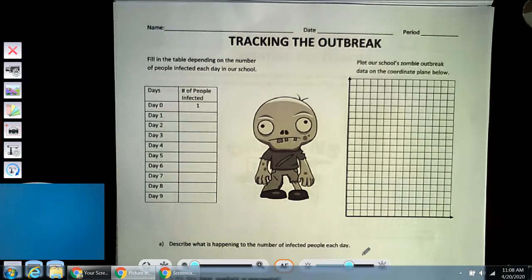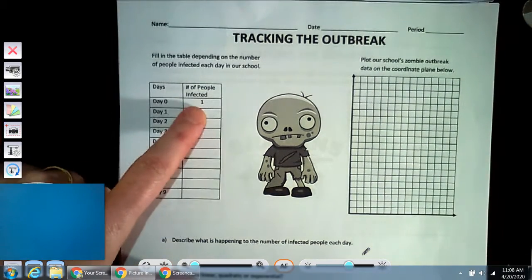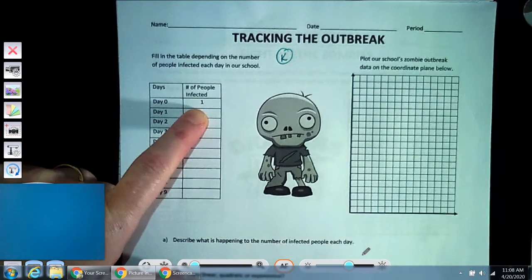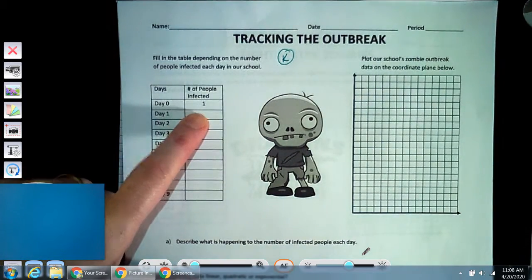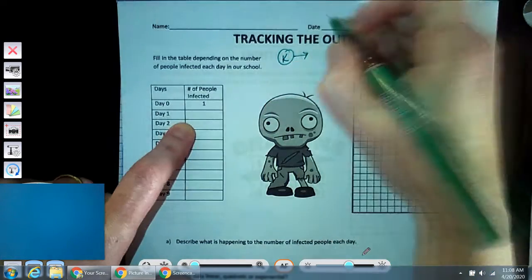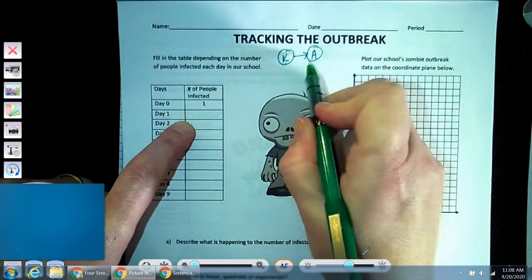Looking at tracking the outbreak, we're always going to start on day 0. At the beginning, Mrs. Kruger is the only zombie. So on day 0, we have one zombie. On day 1, I am going to infect one person. Let's say that I infect Amari. So now we have 2 zombies.